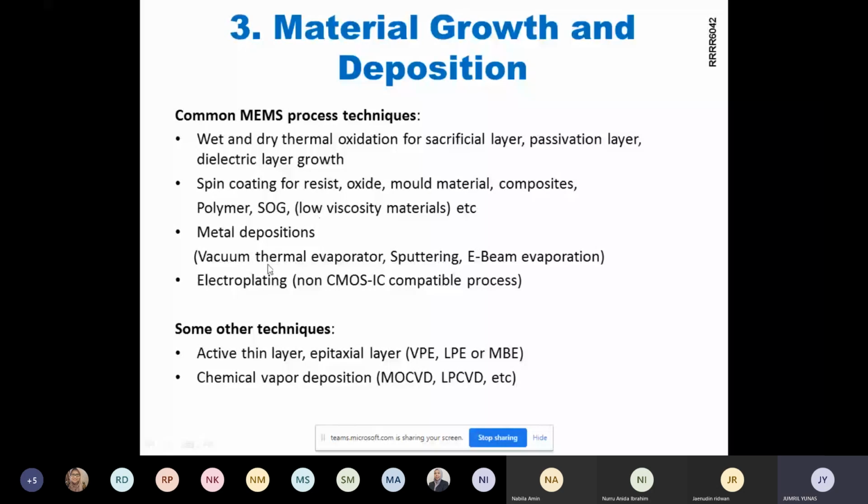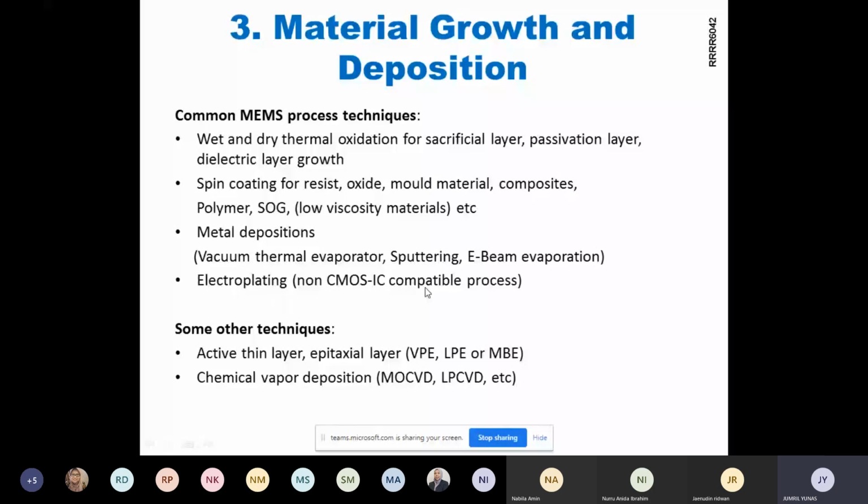It also includes metal deposition, such as vacuum thermal evaporation, sputtering, e-beam evaporation, etc. Also electroplating. This process is actually not CMOS IC compatible.